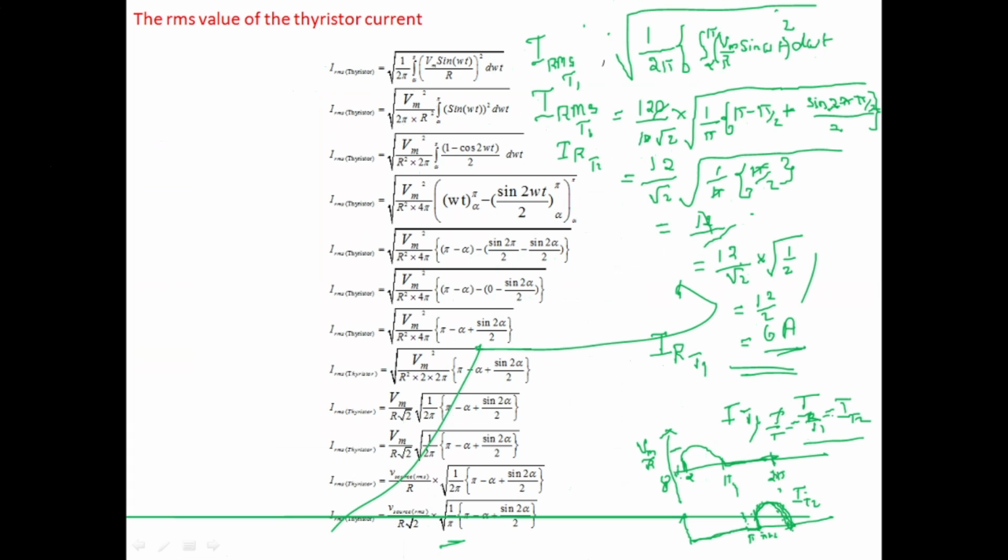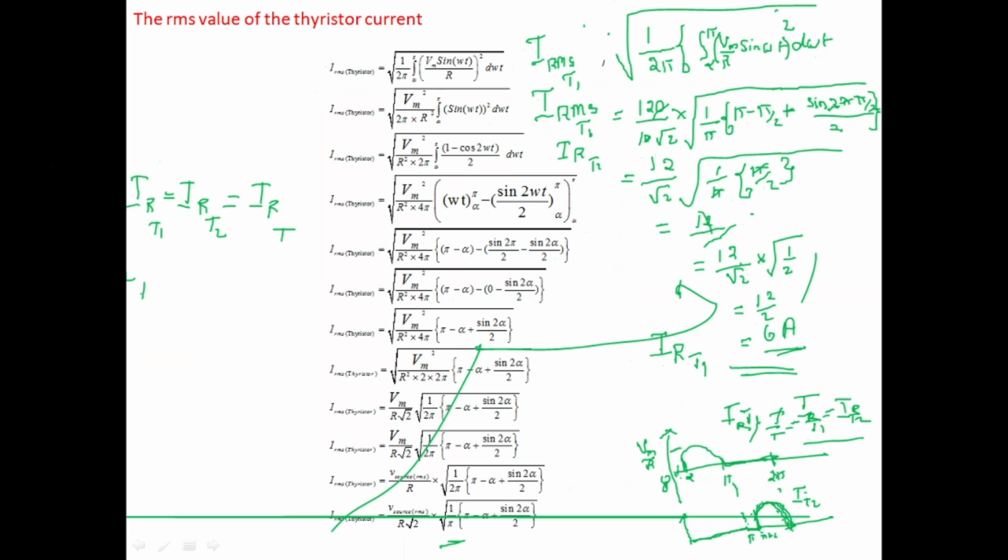Sorry, this is RMS. I RMS of T1 is equal to I RMS of T2, you can call it I RMS of T.